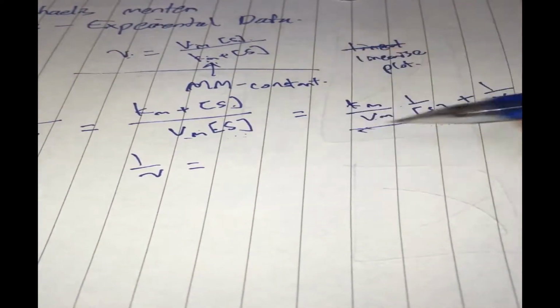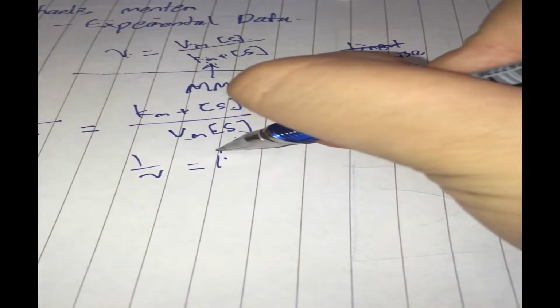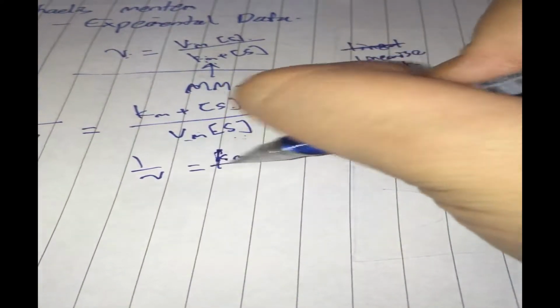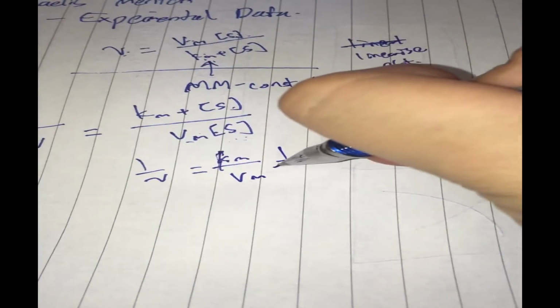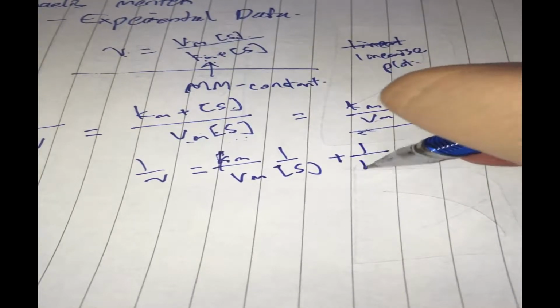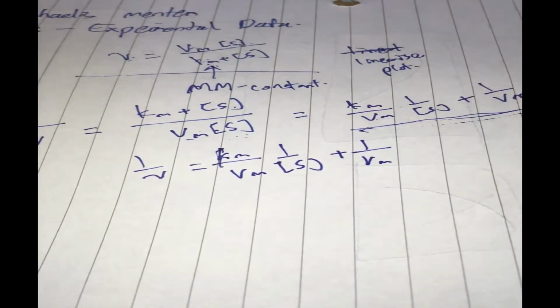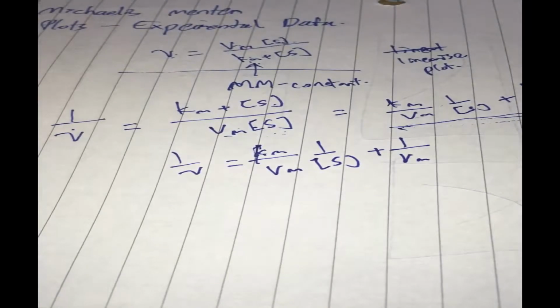So you'll have this kind of relation, which is also called a double reciprocal plot. So you have Km over Vm times 1 over S, and the right hand side will be like so. And what do you get?